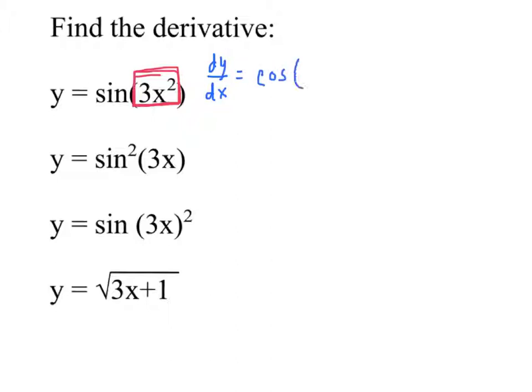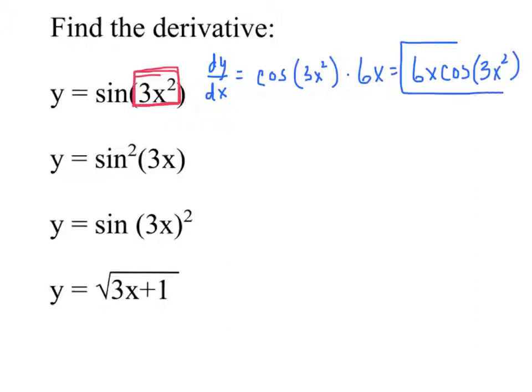We leave the inside alone. And then we multiply by the derivative of the inside, which would just be 6x. We normally like to write these things with the trig part last, so I can rewrite it as 6x cosine of 3x squared. And there's my derivative.